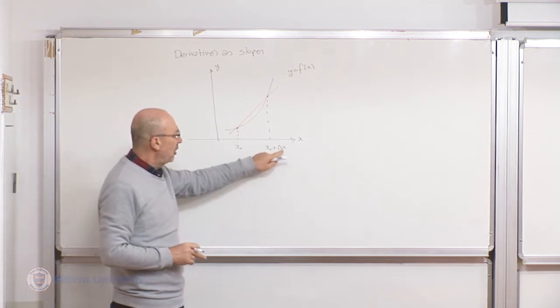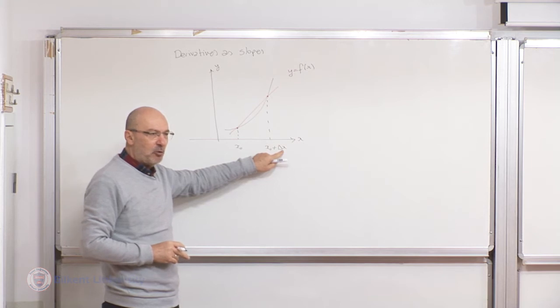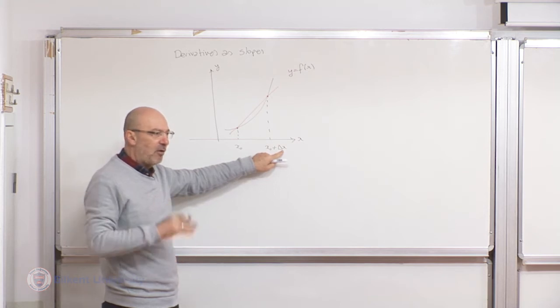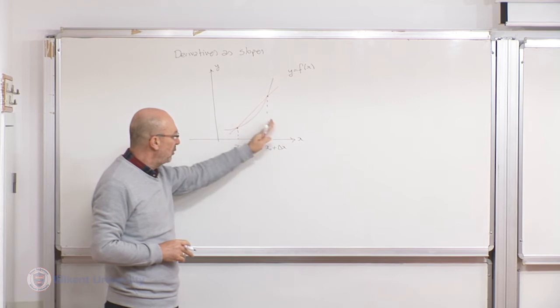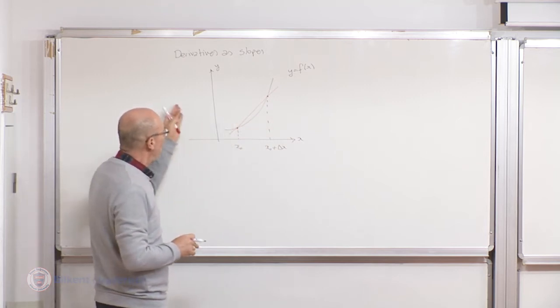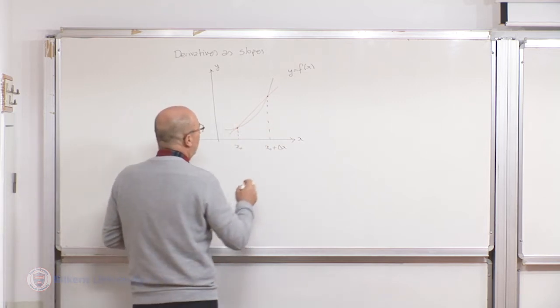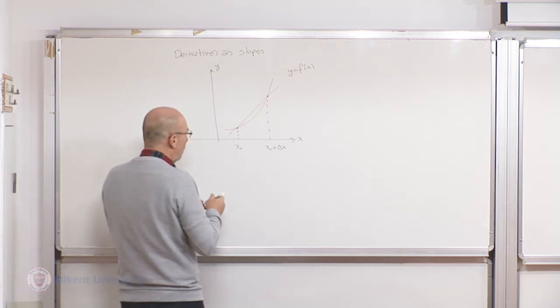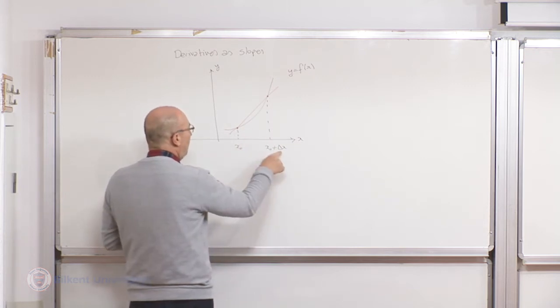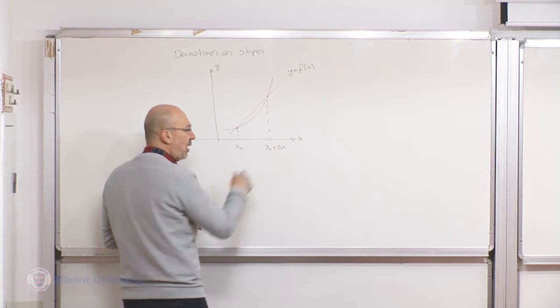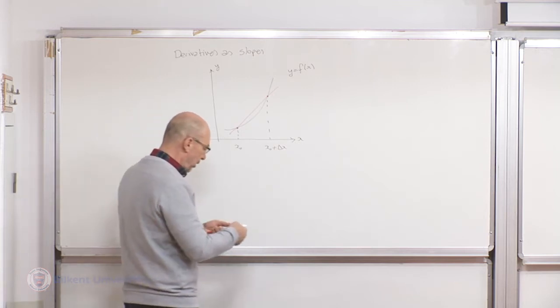In general, we allow delta x to be a small value, positive or negative. In this picture, it is positive, but we could draw the same thing on this side. We calculate the slope of this, and we take the limit of the slope as delta x goes to 0. So that is the position.